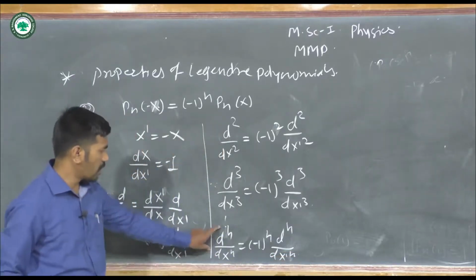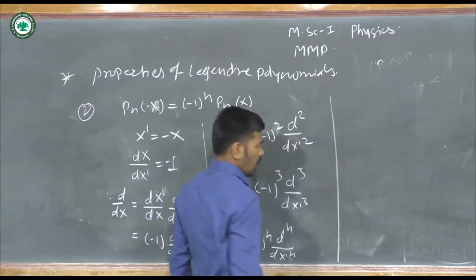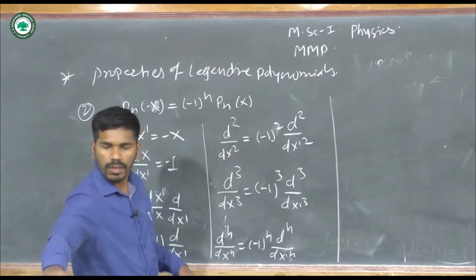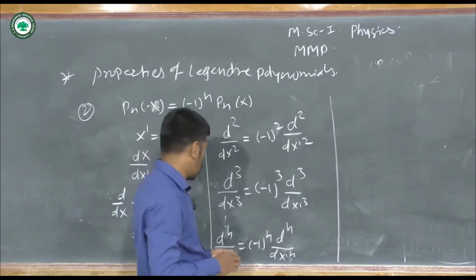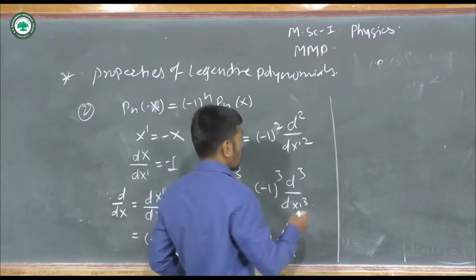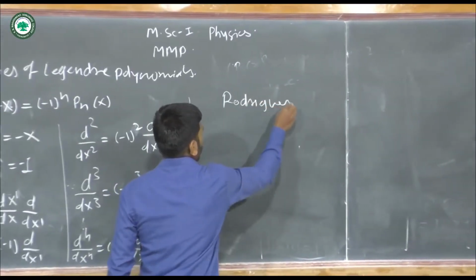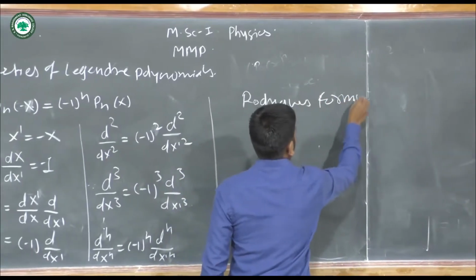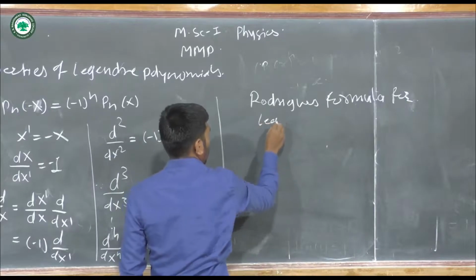So these expressions, if I use them in the Rodrigues formula, this formula also gives the relations of the polynomials. So we know the Rodrigues formula for the Legendre polynomial.